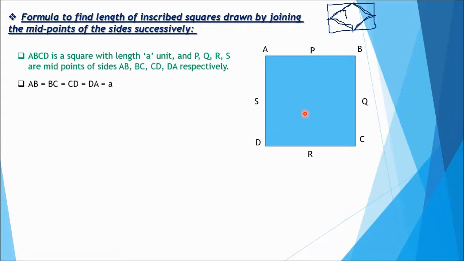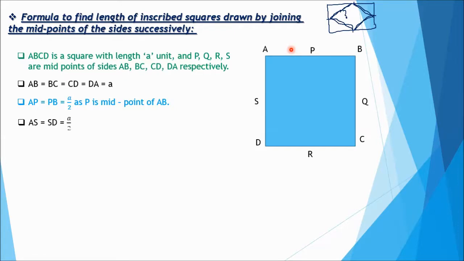AB is equal to BC is equal to CD is equal to a because it's a square, so all sides are equal. AP is equal to PB, isn't it? P is the midpoint, so the value of AP will be a by 2, half of a, as P is the midpoint of AB.